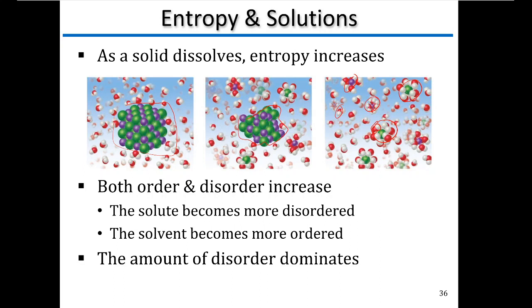Going from a solid crystal to an aqueous solution is going to dominate over this little bit of order we're gaining in the water molecules. This would be true with any solid dissolving, but this is a good example since we know how ordered crystal structures can be. So if we dissolve a solid into a solution, we are increasing entropy.